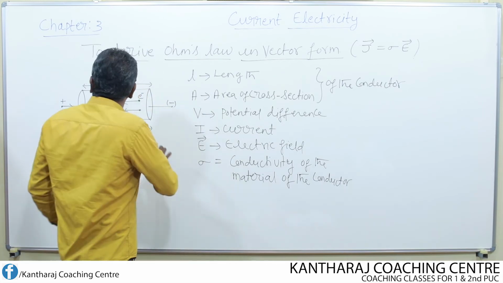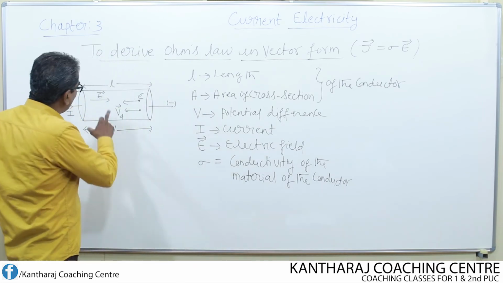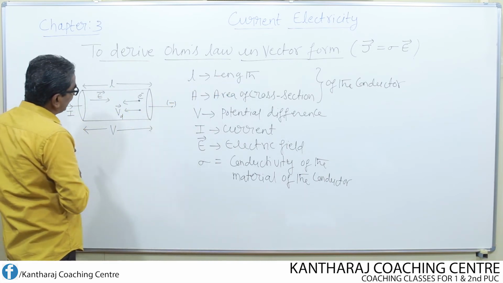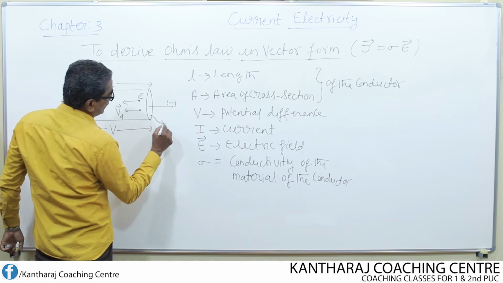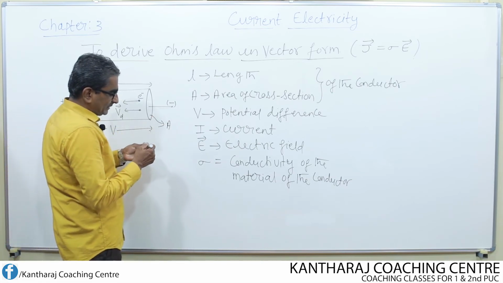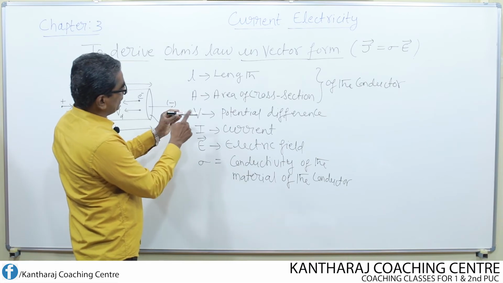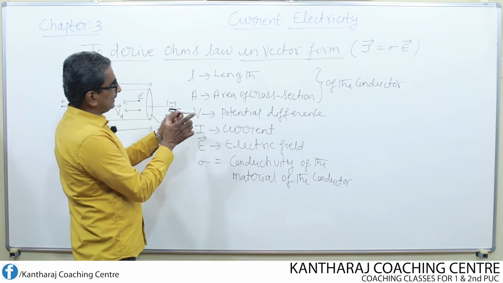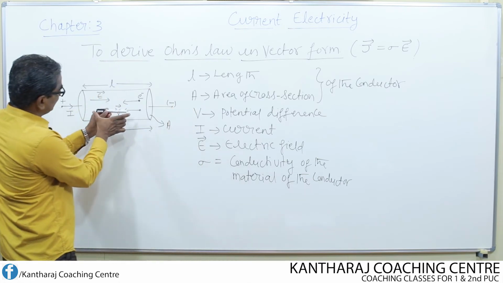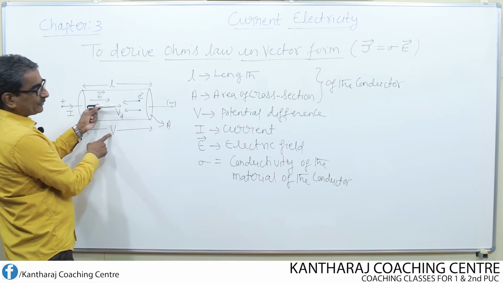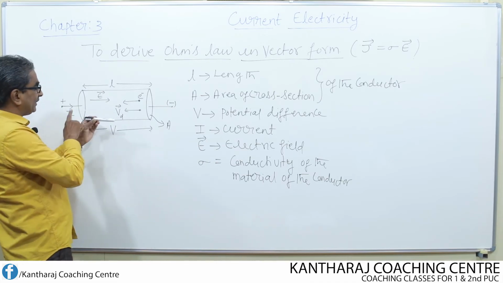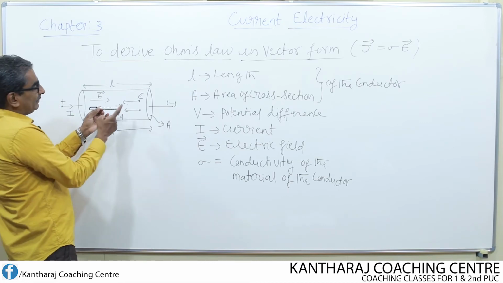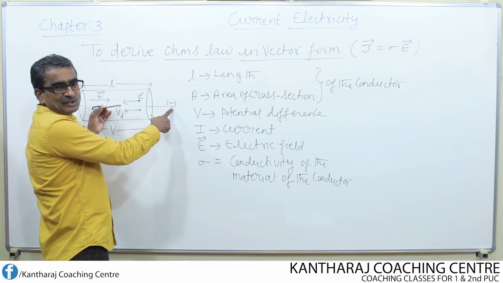As usual, let us imagine one conductor of length L, and its area of cross section is A. That means if this is the conductor, the total length from end to end is L, and this is the area of cross section A. Then between the two ends of the conductor, a potential difference V is applied, because this end is maintained at higher potential, whereas this end is maintained at lower potential.